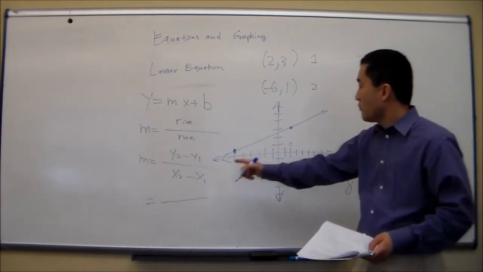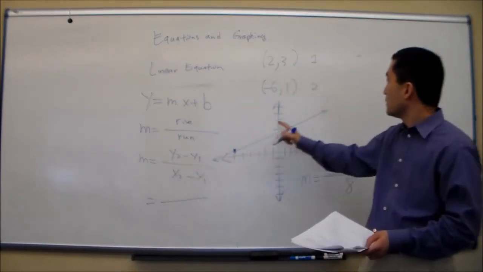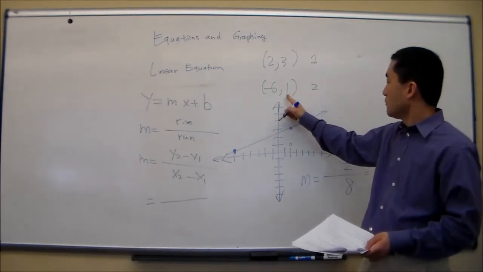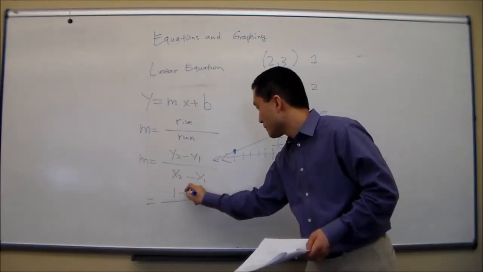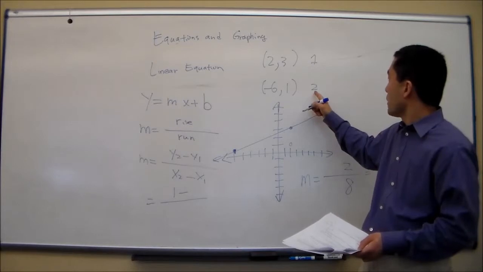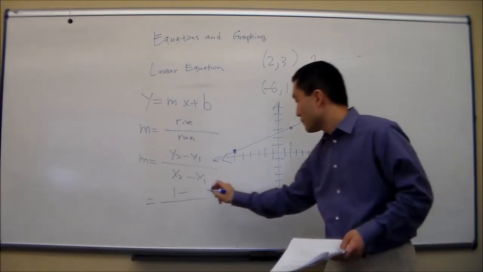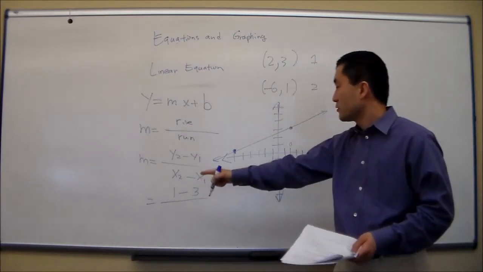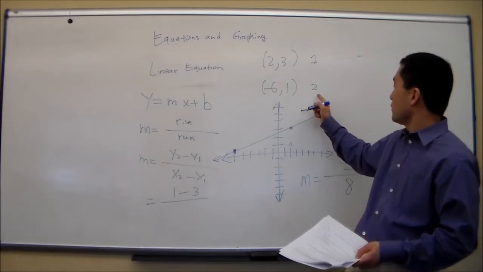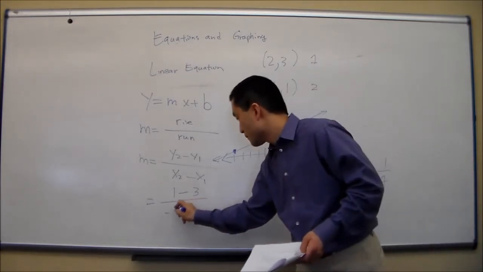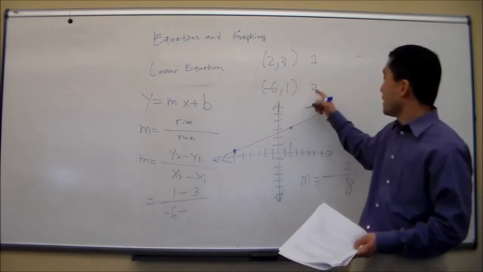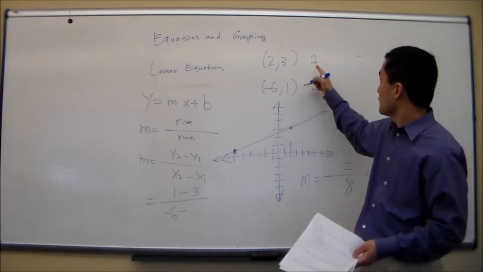So if that's the case, what's y2? 1. Where's the y1? Well, 3. x2, x of the second point, negative 6. And then x1, first one, 2.